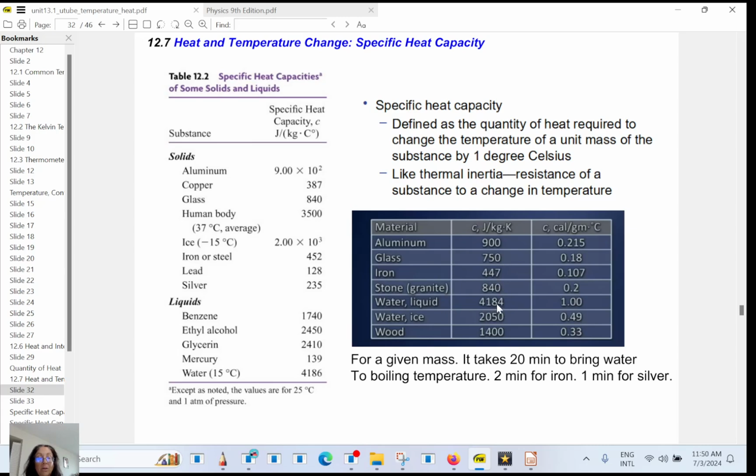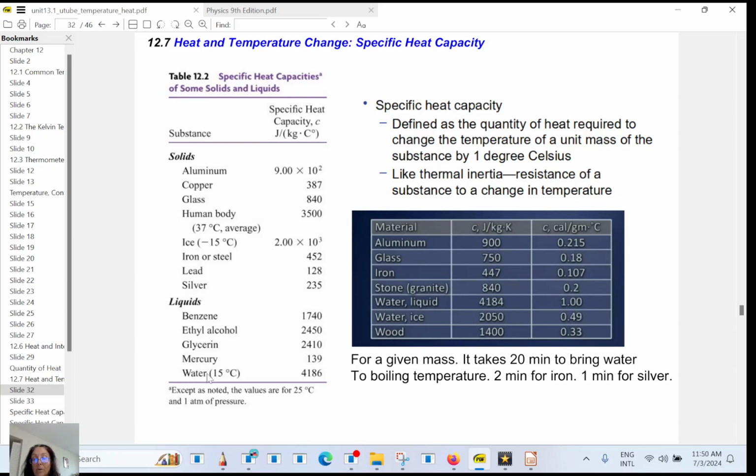So 4,000 joules is the same as 1,000 calories, or 1 kilocalorie, which is the same as 1 food calorie. So here you have the unit in calories, but it's in grams. So it takes 1 calorie to increase 1 gram of water by 1 degree Celsius.